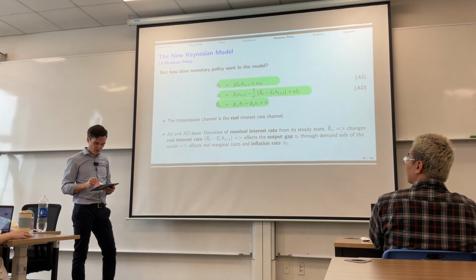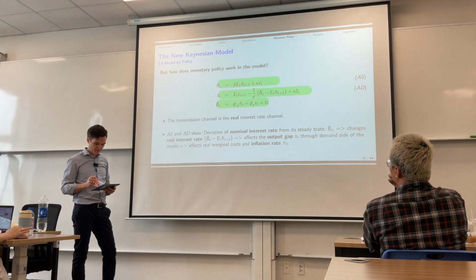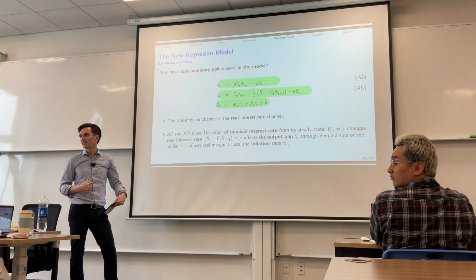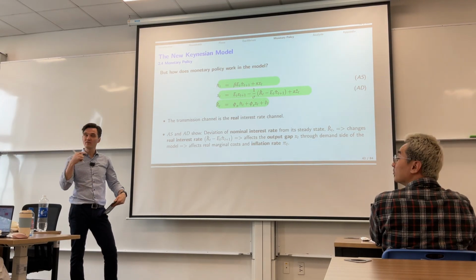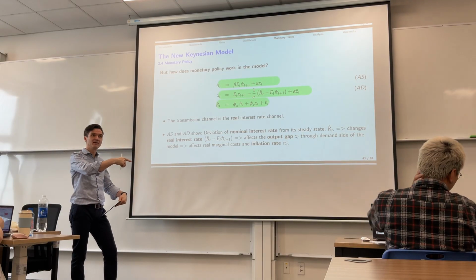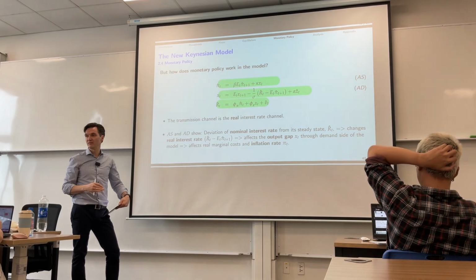Now, I want to make sure that everybody's on board on what the transmission mechanism in this model is. Okay? How does monetary policy affect the economy? Remember, we are coming from this empirical evidence that we received, that in the data, an interest rate cut leads to an expansion in economic activity.